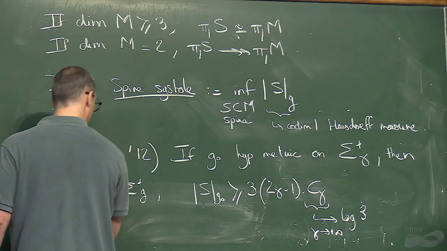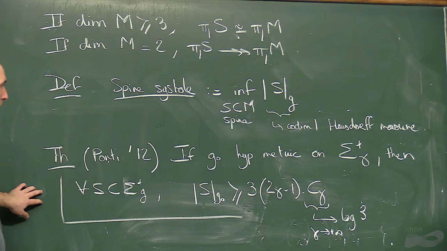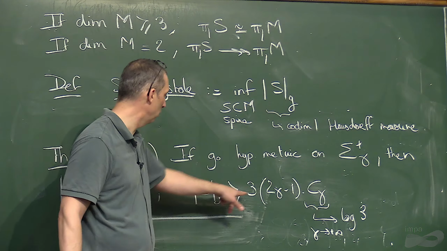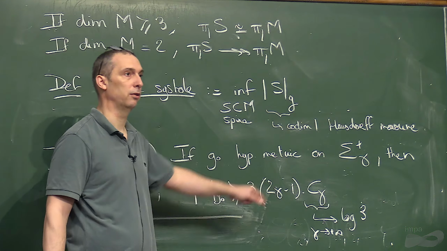Okay? So you have this sort of hyperbolic inequality, which is true for any hyperbolic metric you take on your surface. And in fact, this is optimal. You can produce a hyperbolic metric whose spine systole will be equal to this quantity. Okay?